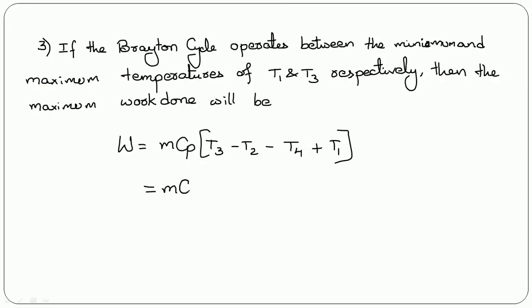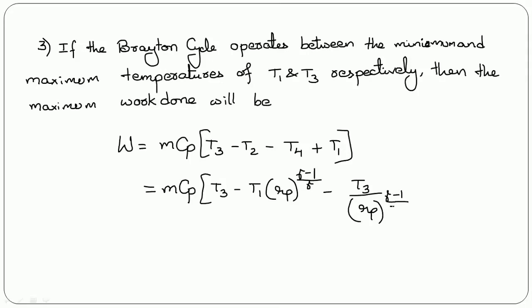So we need to get this equation in terms of T3 and T1. So we need to write T3 minus T1 into Rp to the power gamma minus 1 by gamma minus T4, which can be written as T3 by Rp to the power gamma minus 1 by gamma, plus T1. Now here, in order to get maximum work done, we need to substitute the optimum pressure ratio in place of Rp, so that it becomes T3 minus T1 into Rp value.